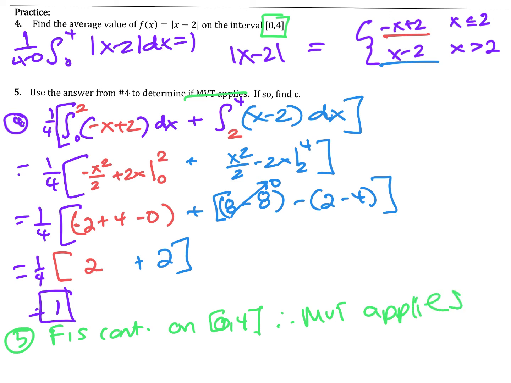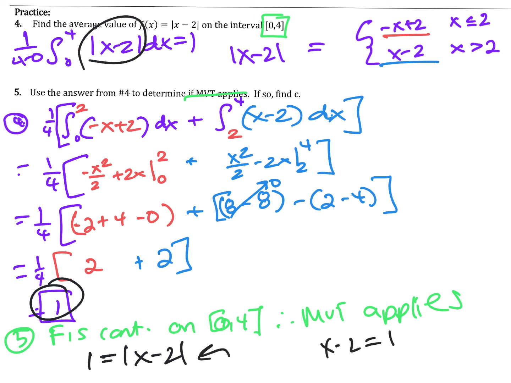And what MVT says is that what we just found at some point must be equal to the original function. So 1 is going to be equal to the absolute value of x minus 2. Well, what number between 0 and 4 would make this equation true? If I need x minus 2 to be equal to 1, then x is going to need to be 3. So the c value that would make this true would be 3.